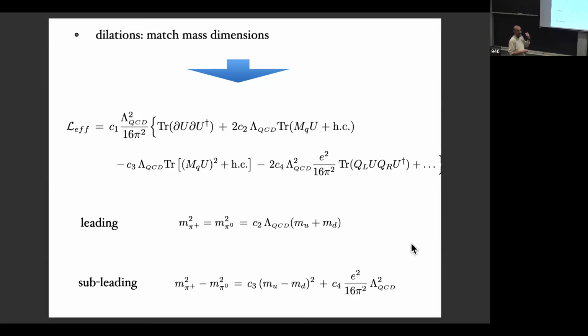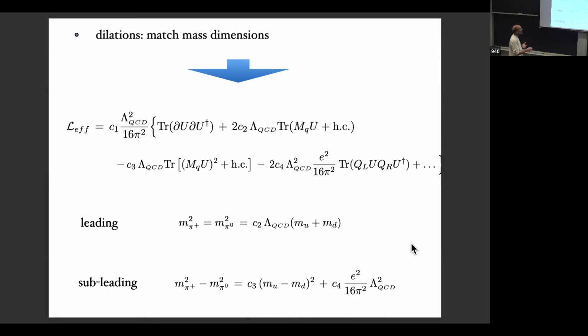As I said the other day, E is of order 4 pi, because as you know, the expansion parameter of QED is not E squared, but actually E squared over 16 pi squared. So then you say that here there should be a coefficient such that when electromagnetism is strongly coupled, this term is as important as those. In other words, it features no suppression on scales of order lambda QCD. And this is how you fix it.